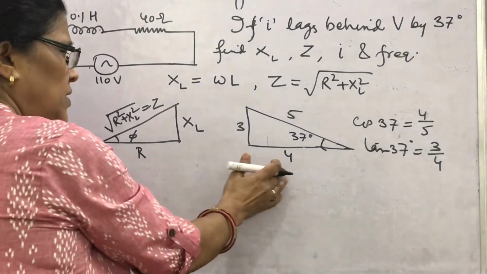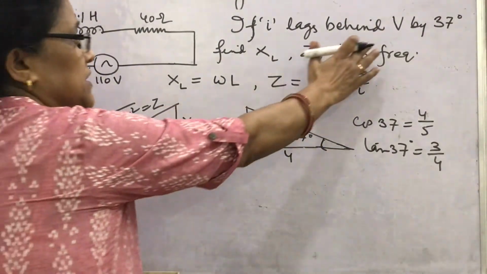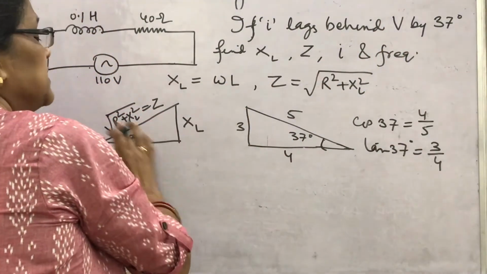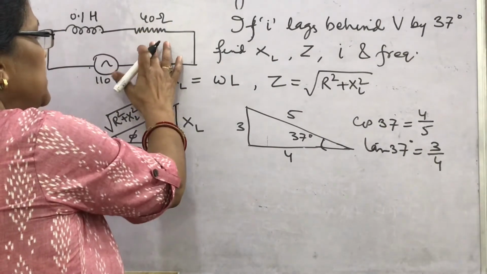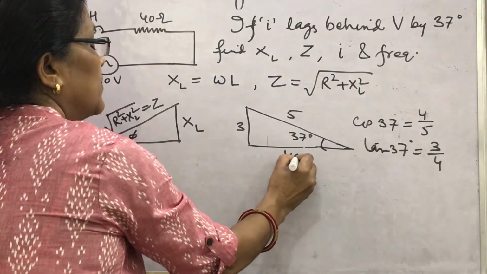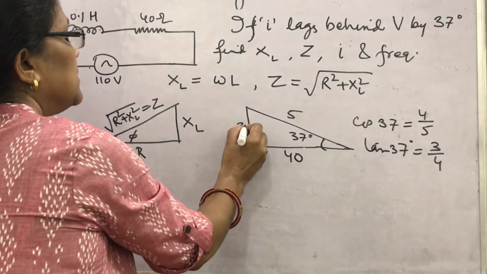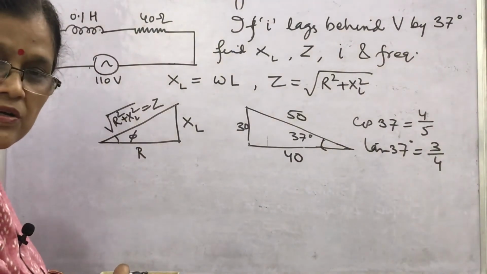So any value whatever is given here you can find. If it is given this is 37, find XL. How will you find XL? This R is given as how much? 40. Then you can write here this is 40, this is 30, this is 50. Can you write or not?